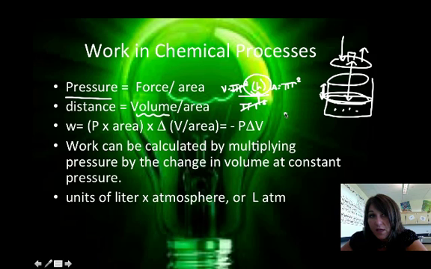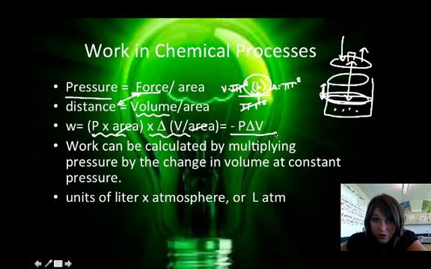So what we're looking at here really is that force times distance for work. Force times distance by substitution necessarily will be pressure times area times the change in volume divided by area, and that simplifies, area cancels out, that simplifies to the pressure times the change in volume.